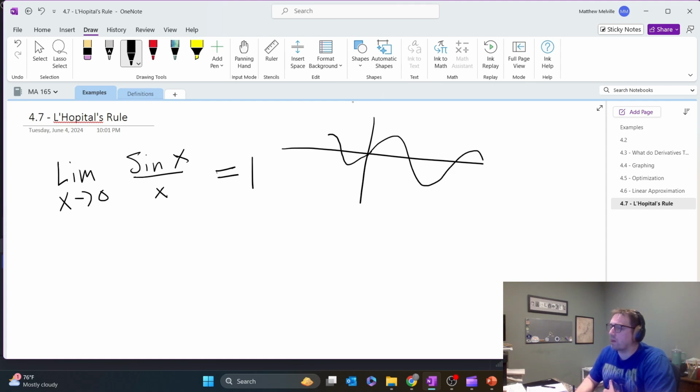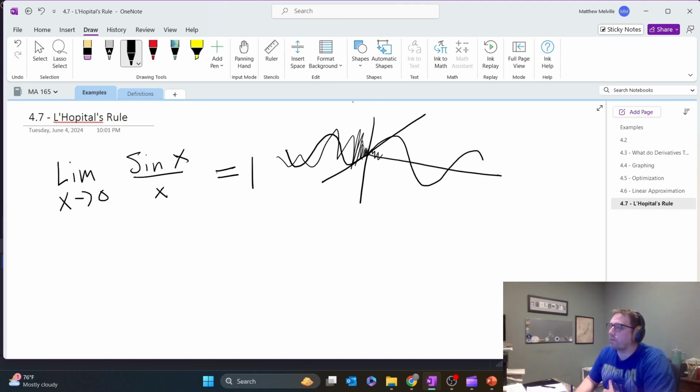And x looks like this. So sine of x over x, when it does that, is like this. Remember, we have this thing that does this, and then it kind of slows out.